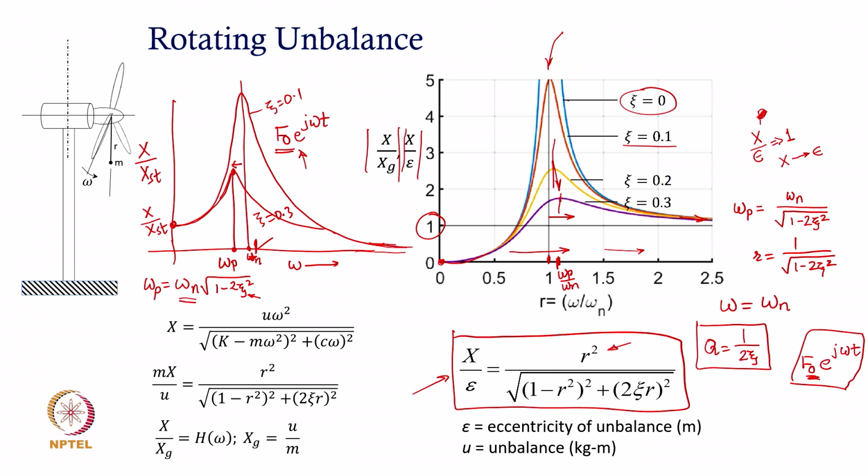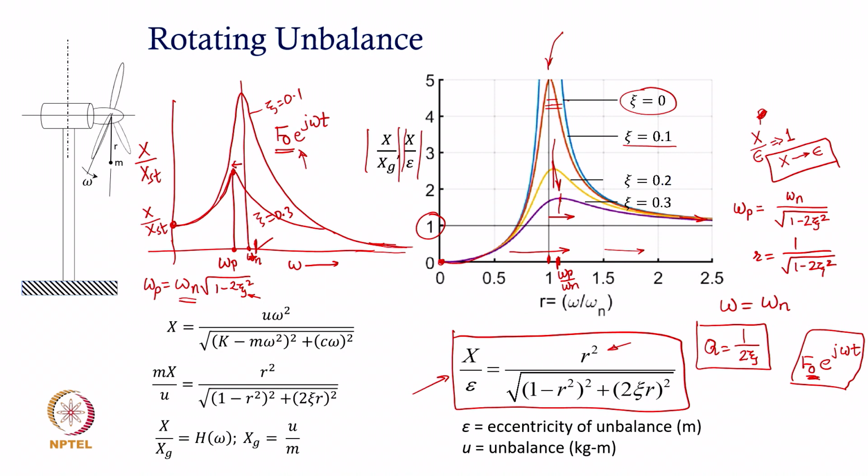Okay. So, if you spin faster and faster, your amplitudes will obviously not be as large as they are at resonance, but they will approach a value of unbalanced eccentricity. Now, that is very interesting, because as the speed increases, it approaches the eccentricity value.